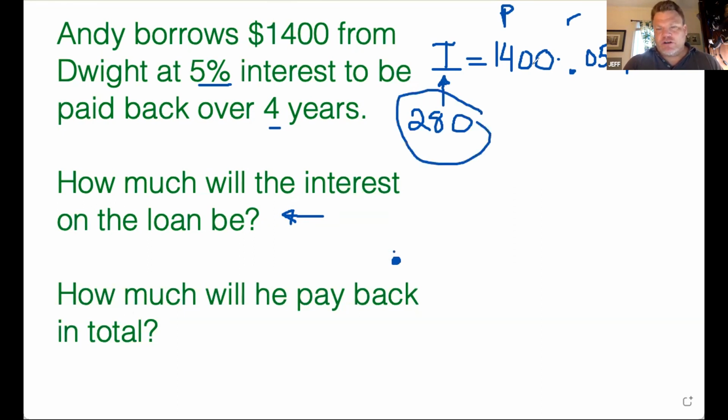He's not going to borrow $1,400 and then owe Dwight $280. That's crazy. Dwight's losing money off that, and his job is to make money because money costs money. So if they say the word total, you're getting the idea that they want something else besides just the interest, then we have to be smart enough to just go, okay, he's going to pay back the $1,400, but he also has to pay back over time $280.